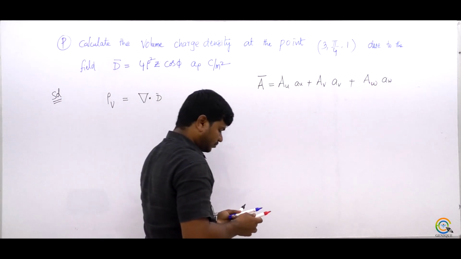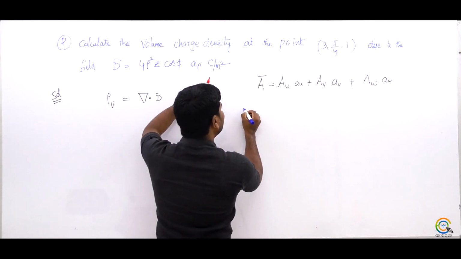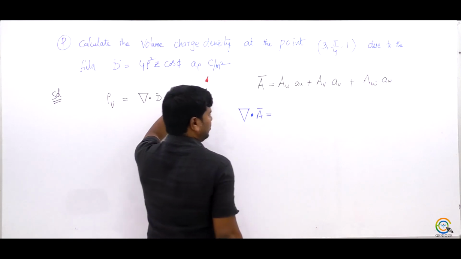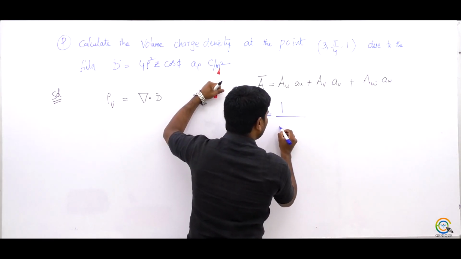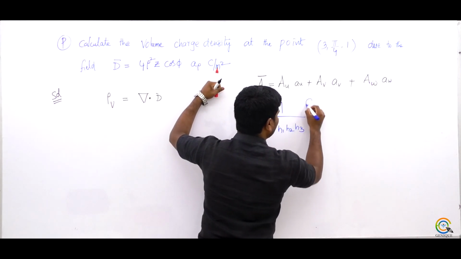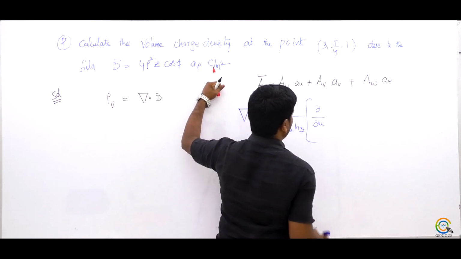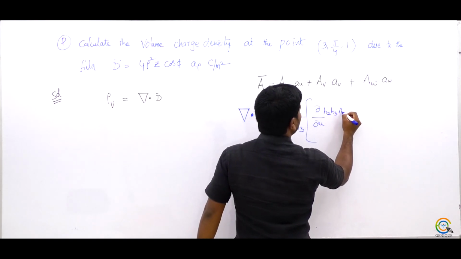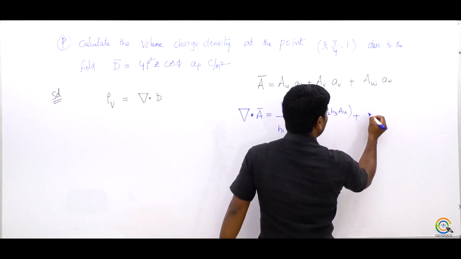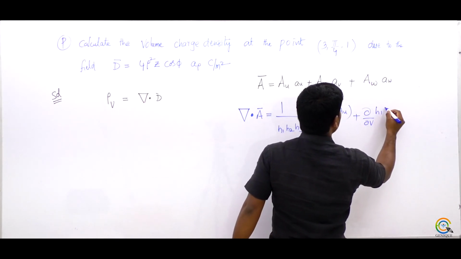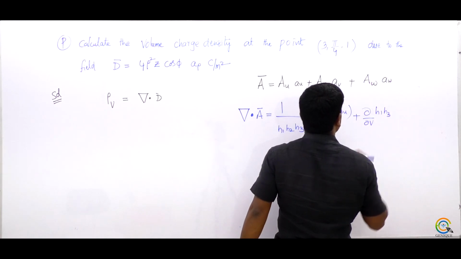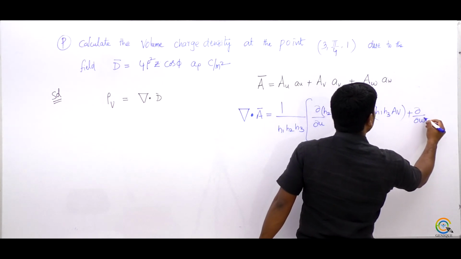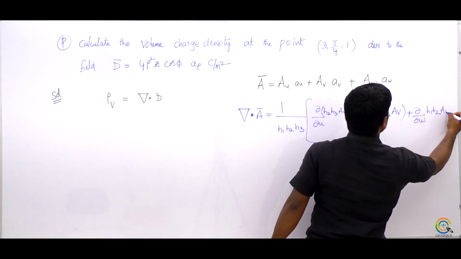So now, how to find del dot A? Here you will have this expression: 1 divided by H1 H2 H3 of dou by dou u of H2 H3 into AU plus dou by dou v of H1 H3 AV plus dou by dou w of H1 H2 AW.